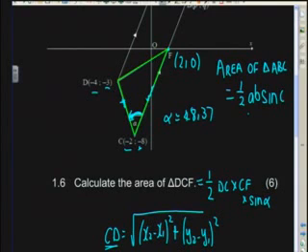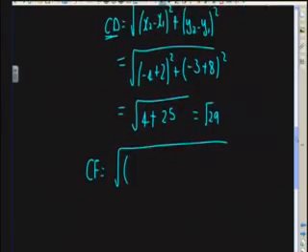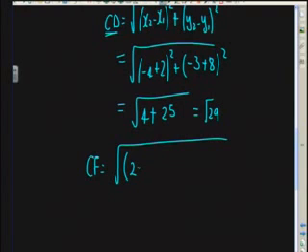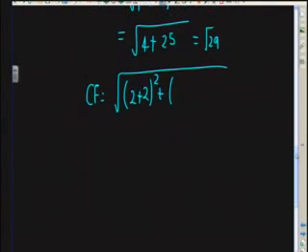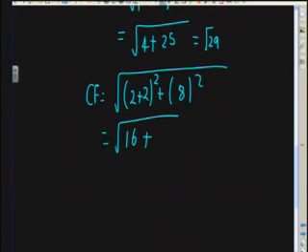Okay, so we're going to say 2 minus minus 2, so it's going to become 2 plus 2 all squared, plus 0, which is the y coordinate at F, minus minus 8, so we're saying 0 minus minus 8, a negative times a negative is a positive, so we get just 0 plus 8, which is 8. 2 plus 2, 4 squared is going to give me 16, plus 8 squared is 64.